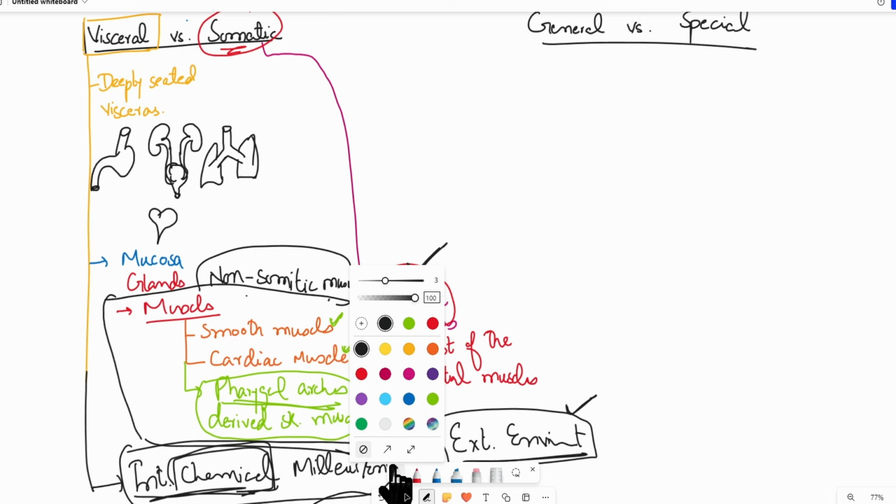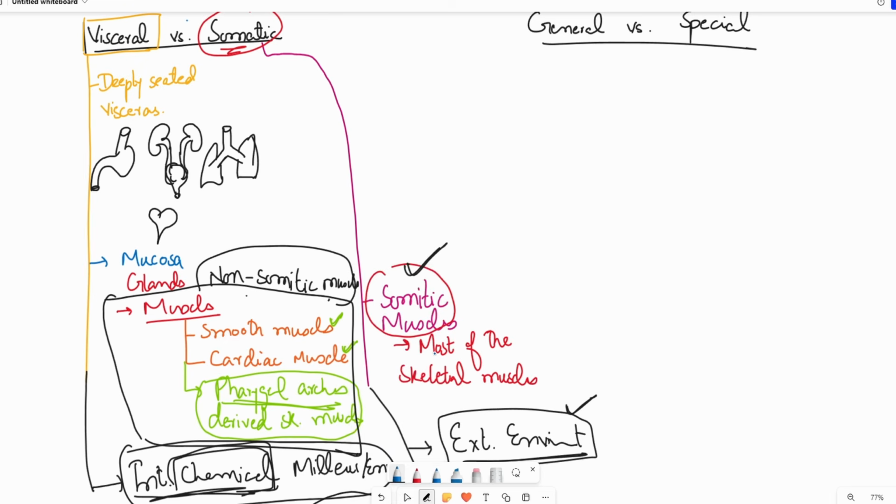Now, the somatic nerve fibers are involved in innervating the superficial tissues. For example, they innervate your skin, your somatic muscles, somatically derived skeletal muscles, your tendons, plus your joints.